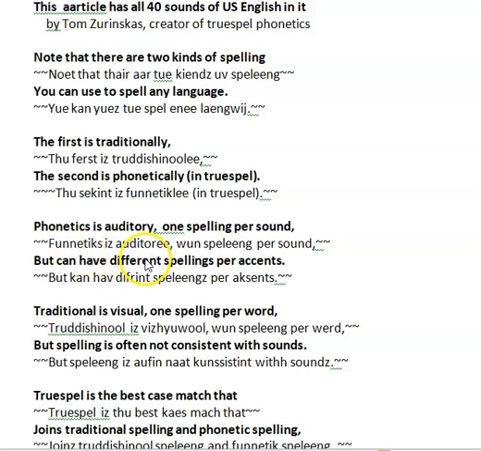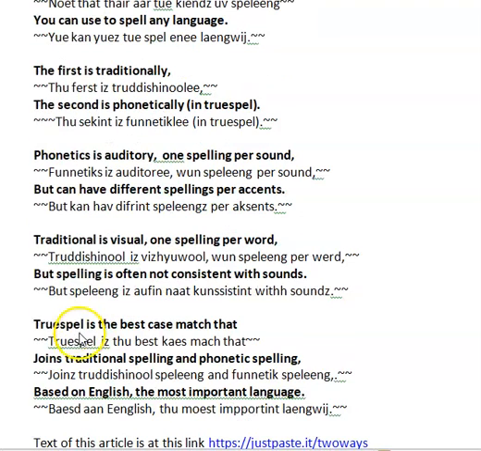Phonetics is auditory, one spelling per sound, but can have different spellings per accents. Traditional is visual, one spelling per word, but spelling is often not consistent with sounds.